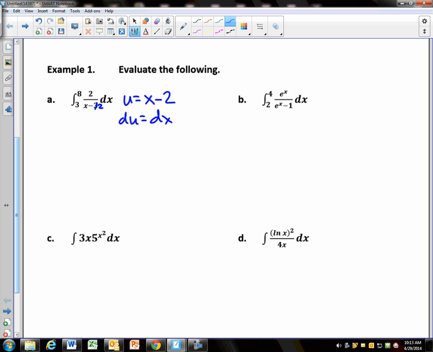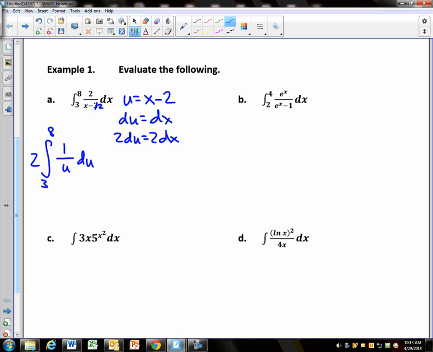You have a dx and you have a 2. So I multiply both sides by 2. So you have 2 du is equal to 2 dx. So I now have this integral. The integral, I'm going to put the 2 out front, from 3 to 8, of 1 over what? U du.